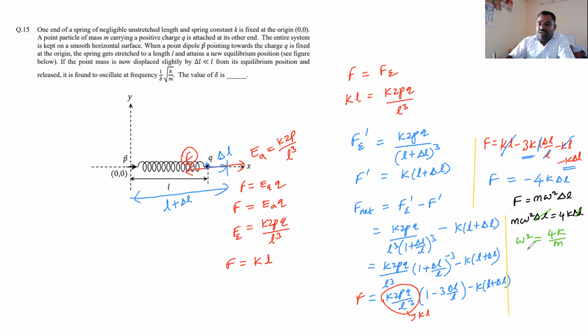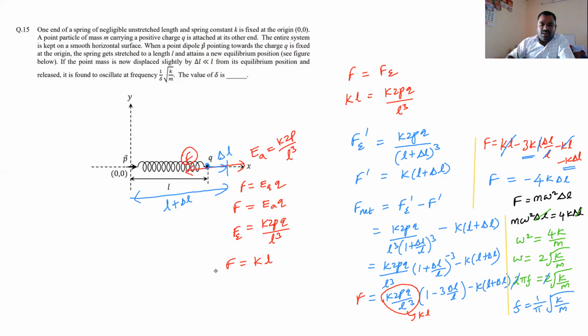Taking the square root, omega is equal to 2 root of k by m. We know omega is 2 pi f, so 2 pi f equals 2 root of k by m. Cancelling 2, f is equal to 1 by pi square root of k by m.